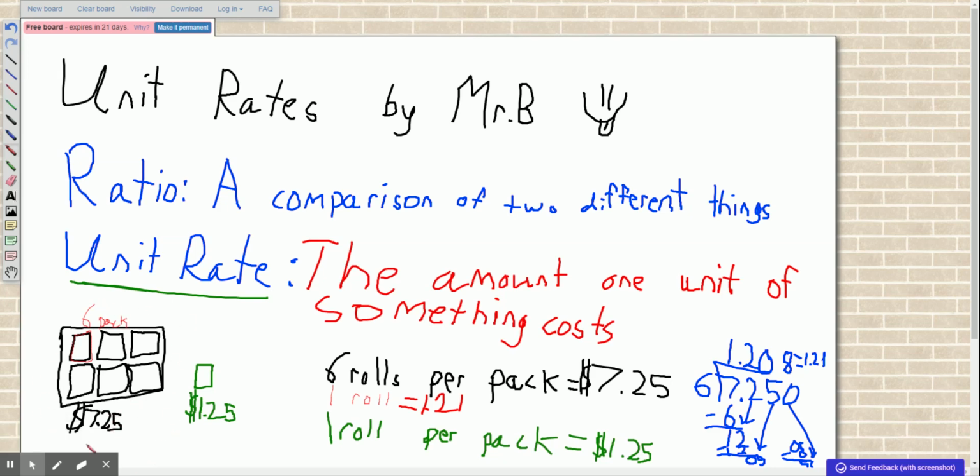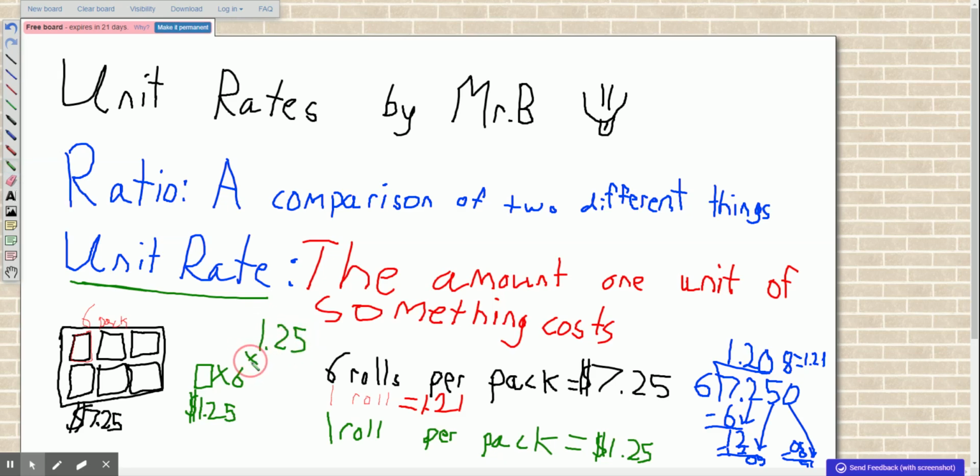Now, if you don't believe me, there's another way that we can look at this as well. We could figure out what it would actually cost us if we purchased 6 of these. Because that's what we want to figure out: is this cheaper than buying 6 of these? And so we can just do the multiplication of 1.25 times 6 and see what that costs us.